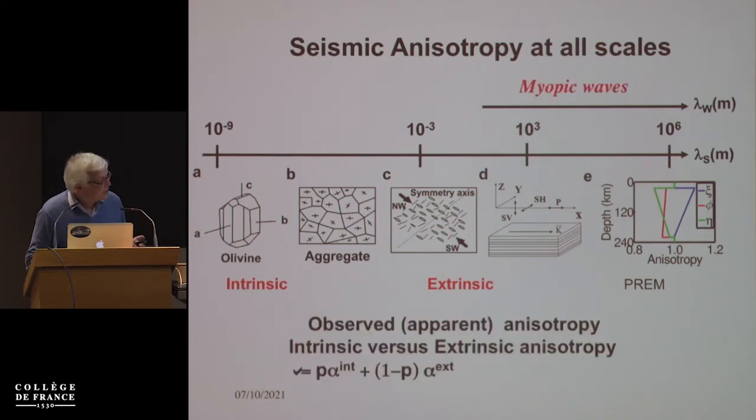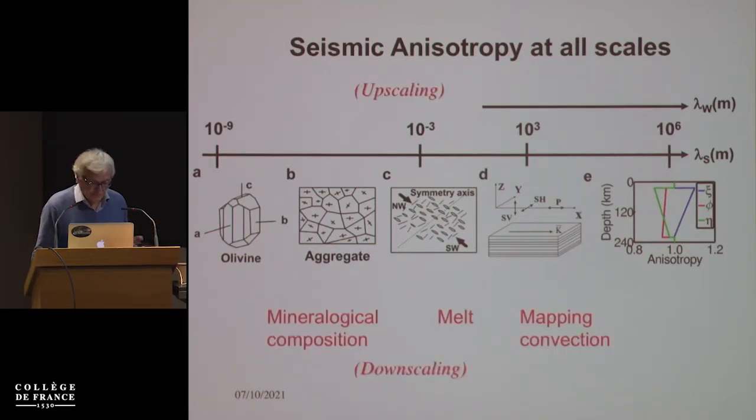Both give rise to apparent anisotropy, and so a basic issue is to discriminate between intrinsic and extrinsic anisotropy. Most of the time, we interpret anisotropy in terms of intrinsic, and this morning, Thorsten showed that if we consider CPO, crystal preferred orientation, it is the preferred interpretation of anisotropy.